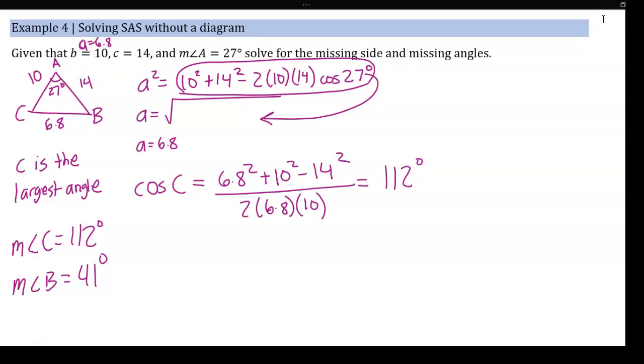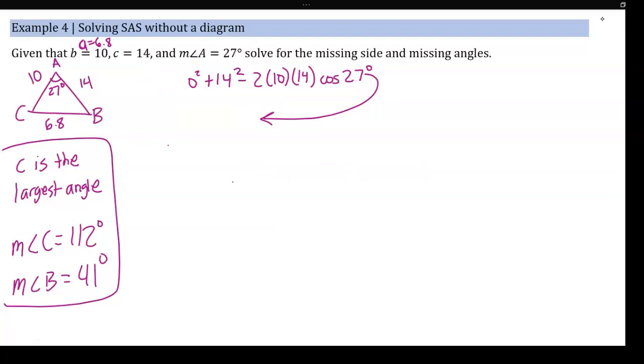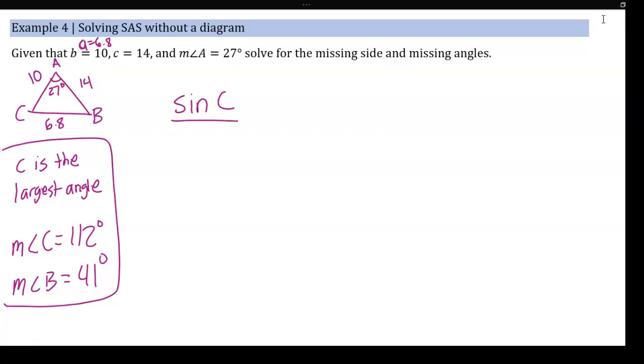So let's look at this as if we had done the law of sines. So in this case, now we're going to get something slightly different. We're still going to use the fact that A is 6.8, but I want to show you why we should maybe use the law of cosines over the law of sines here. So if we did the law of sines, we would get the sine of C divided by 14 equals, all right, so we know A, right?